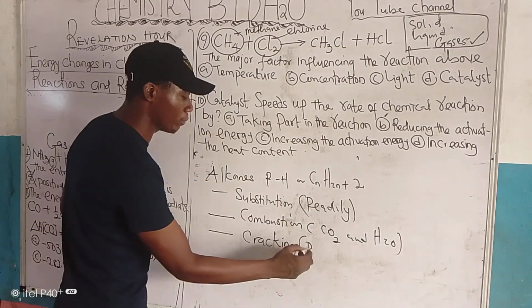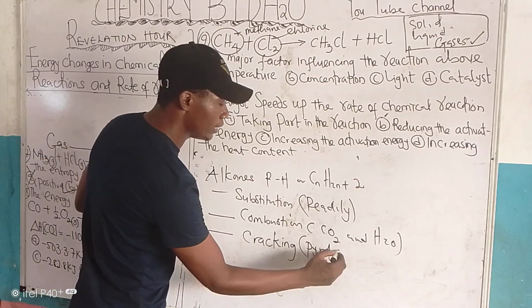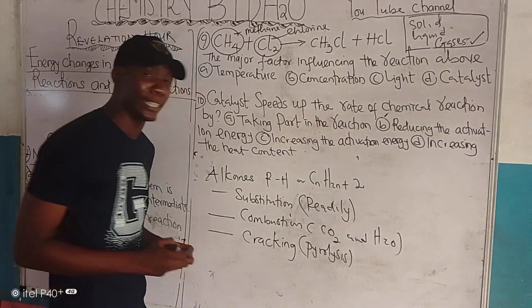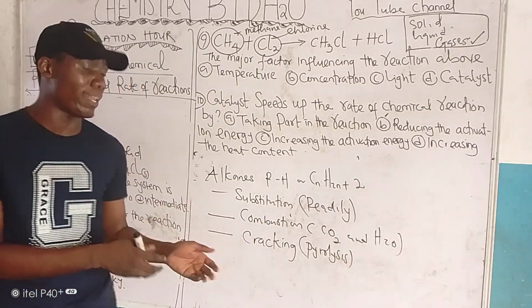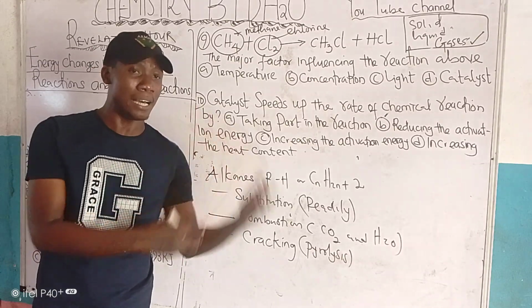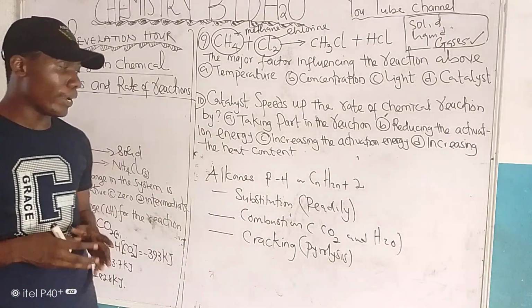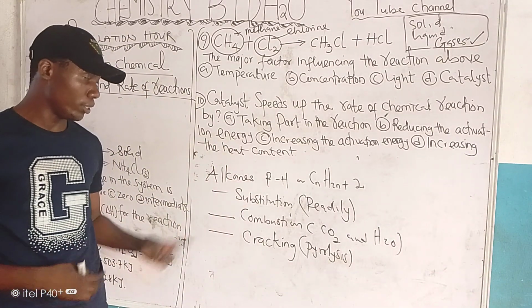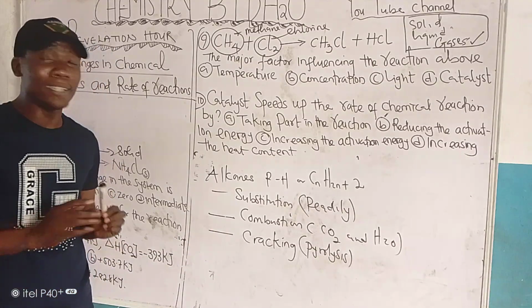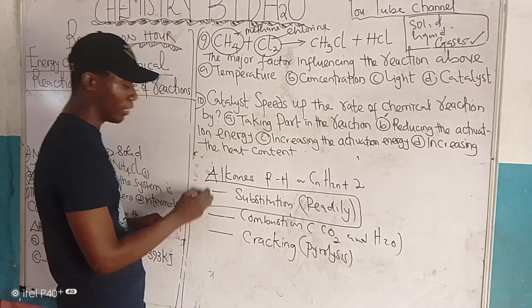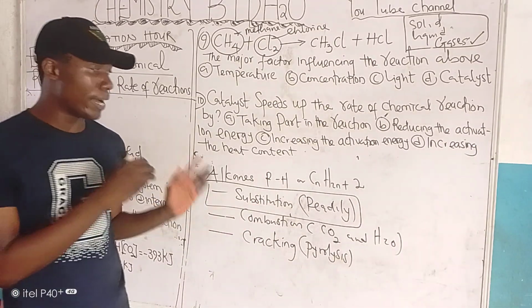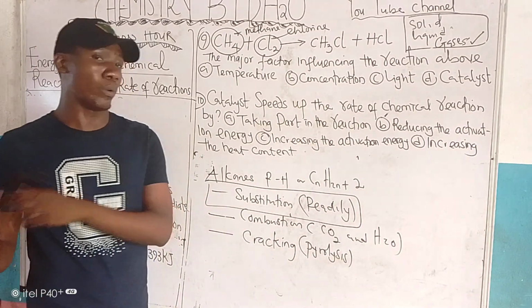Cracking can sometimes be called pyrolysis. Cracking means the breaking down of large alkane molecules into simpler alkanes and hydrogen. So the reactions that alkanes usually undergo are 1, 2, 3. But the one that is peculiar to alkanes is this one. Take note of that. So alkanes readily undergo substitution reaction.